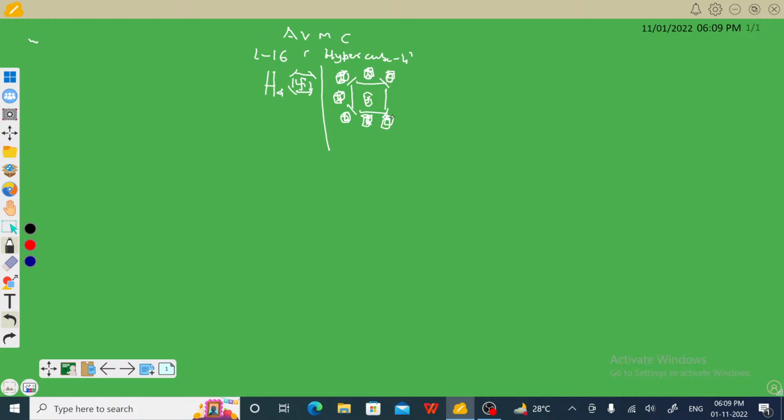It is the fully expressed symbol of Hypercube 4.